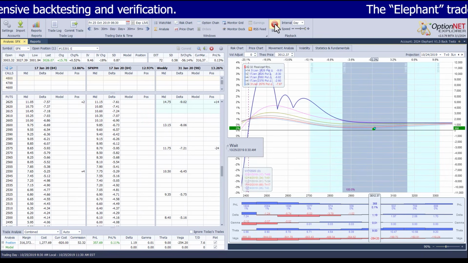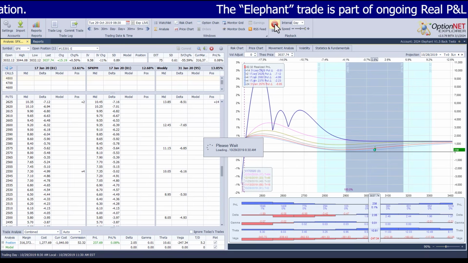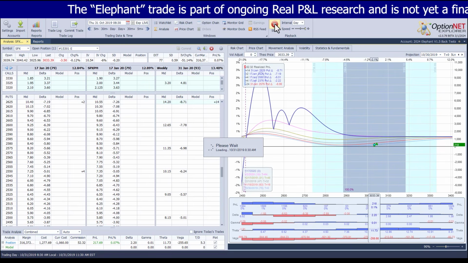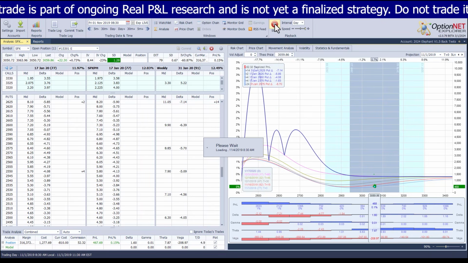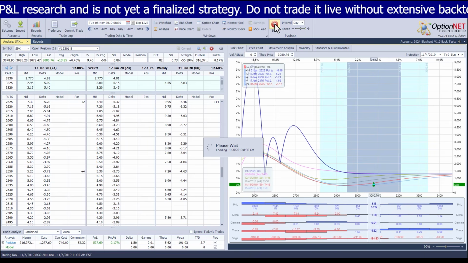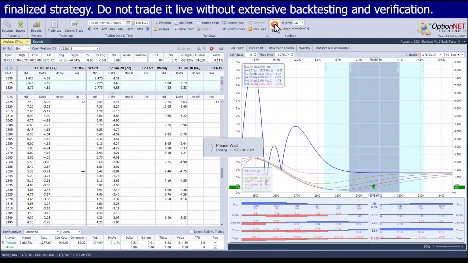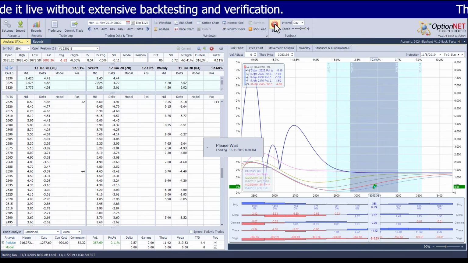$350. 400. $460. 458. Look at the structure.